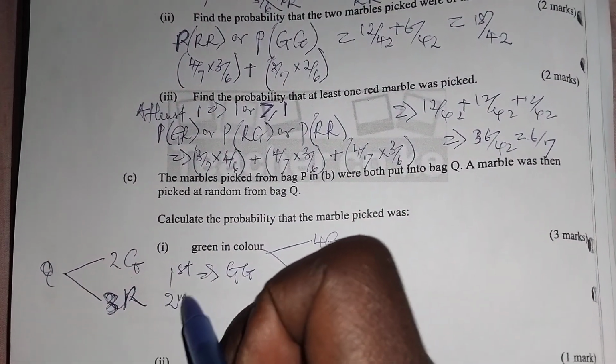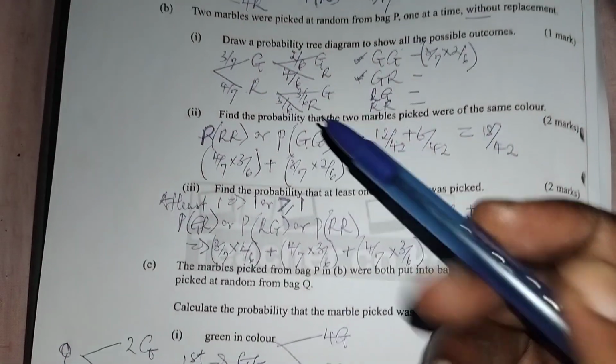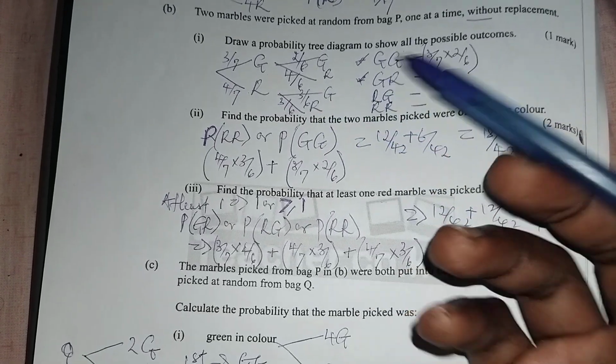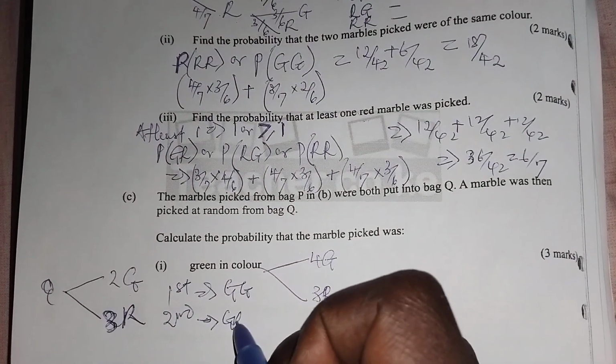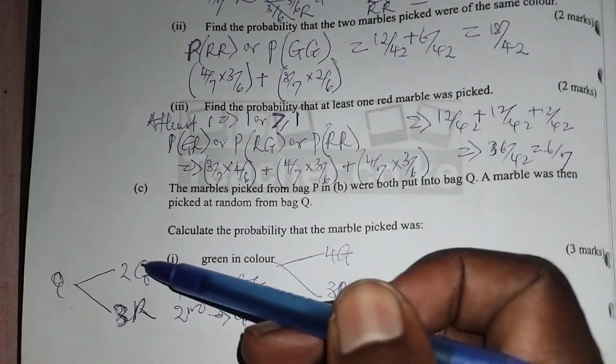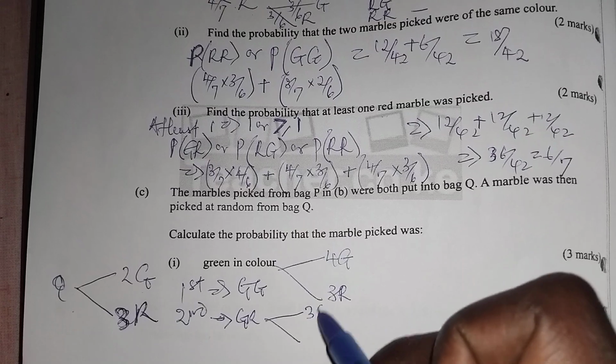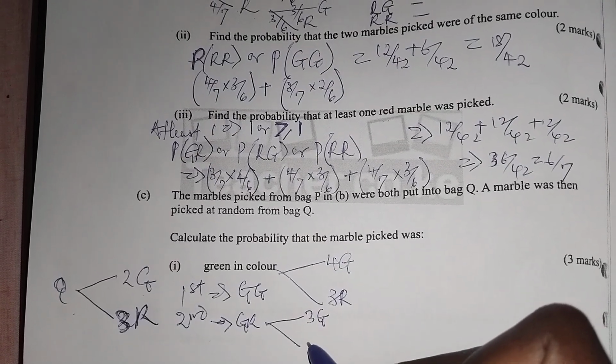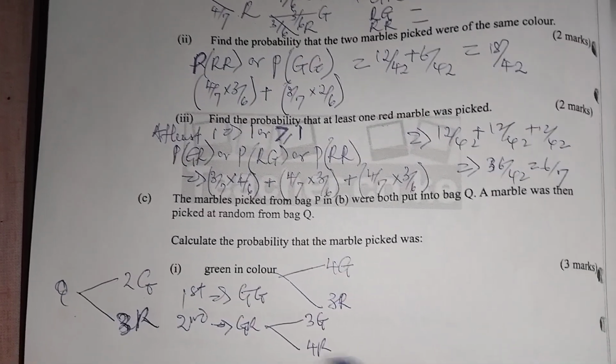The second scenario: if you picked green, red, then bag Q will have 3 green and 4 red.